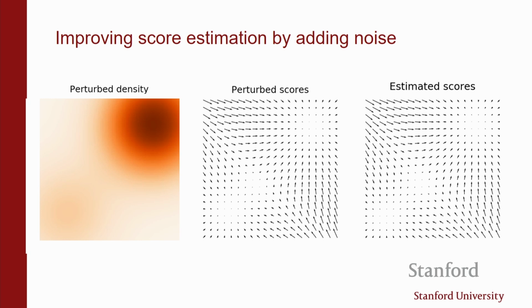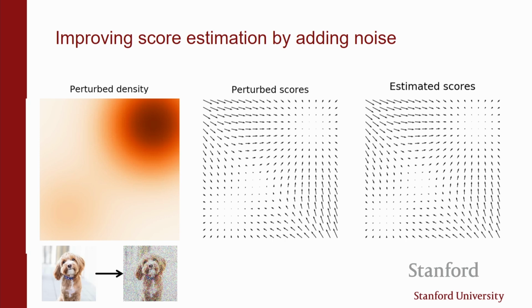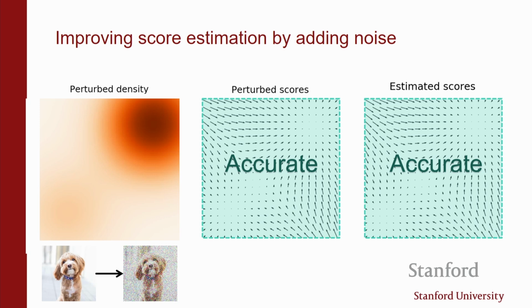So if you think about where you're going to see your samples during training, if you add a sufficiently large amount of noise, the samples are going to be spread around the whole space. And what this means is that if you're willing to add a sufficiently large amount of noise, then we might be able to estimate the score accurately all over the space.